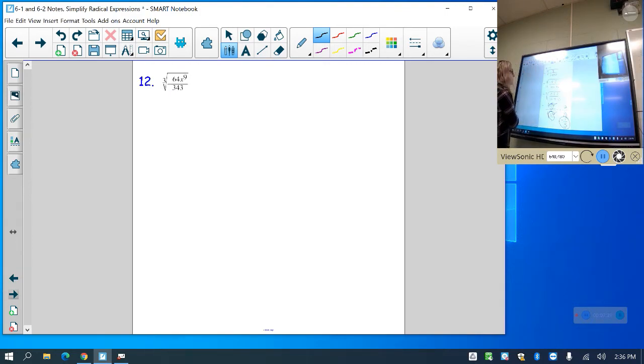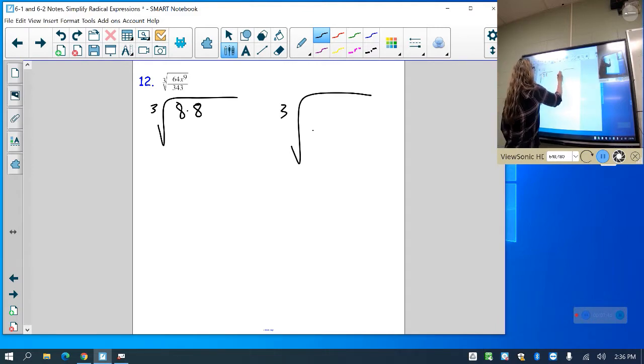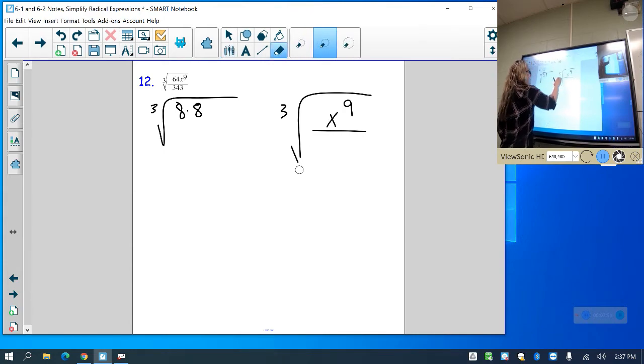Let's try another one. For this one, you want to go ahead and simplify the inside first if possible, but this one does not simplify, so we're going to go ahead and break it down. So I have the cube root of 64, which is 8 times 8. And then over here, I have the cube root of x to the 9th on the top, which is the only variable.